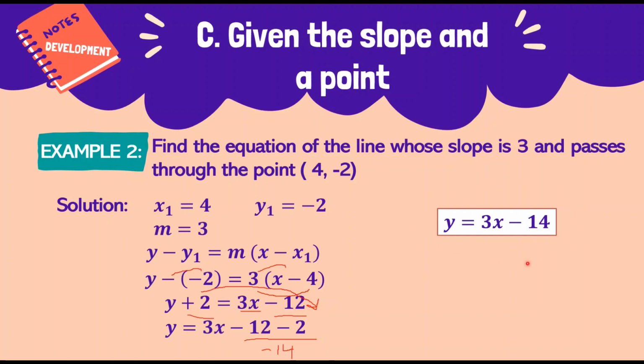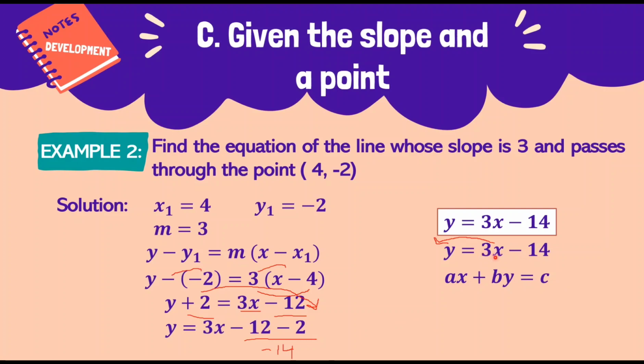So, again, we need to rewrite that into standard form kasi baka biglang hingin sa inyo. Ayan. So, we have y is equal to 3x minus 14. So, ito na yon. We need to transpose again 3x to the other side of the equation kasi we need to follow the standard form, which is ax plus by is equal to c.